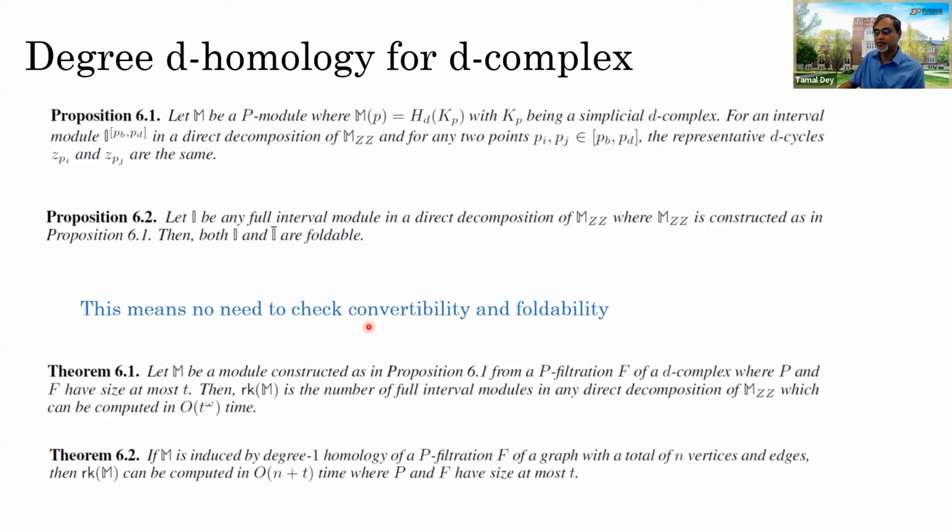So there is no need to go over the convertibility and foldability. And in this case, the time complexity actually improves. It becomes T to the power omega only, not omega plus 2, because I am not doing any conversions. And particularly for the graph case, actually the algorithm can be done in linear time. Okay, so it's so simple for H1 at least. For degree 1, you can compute the generalized rank in linear time. Okay, so that's what it is.